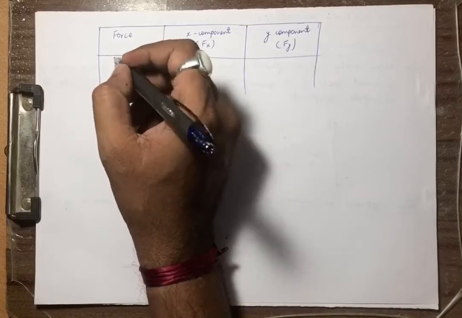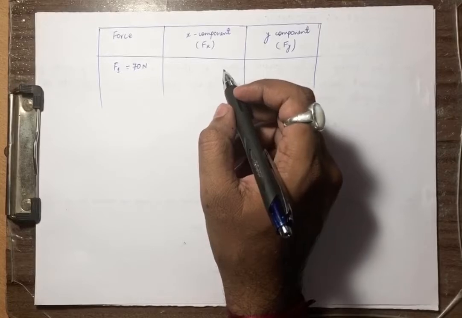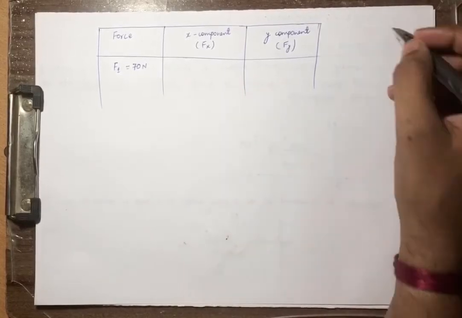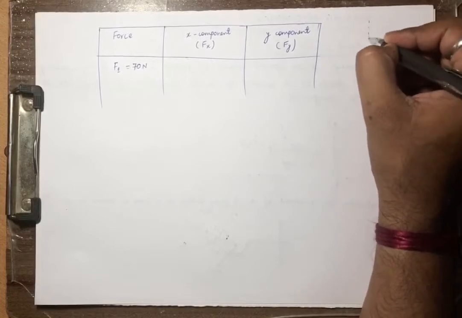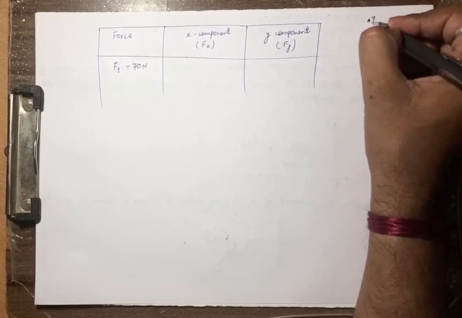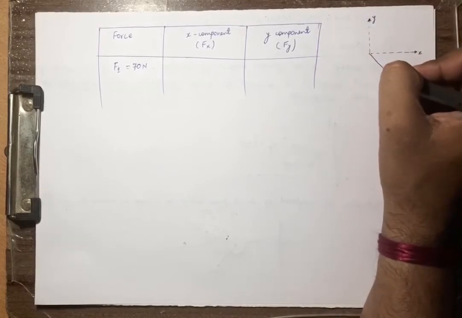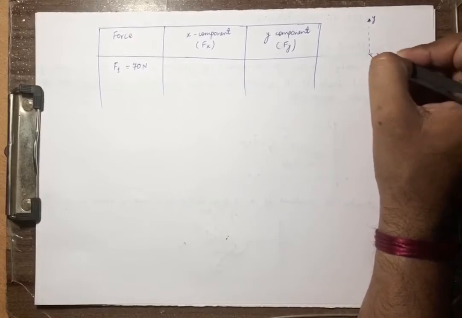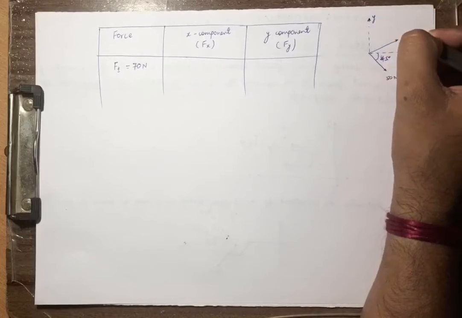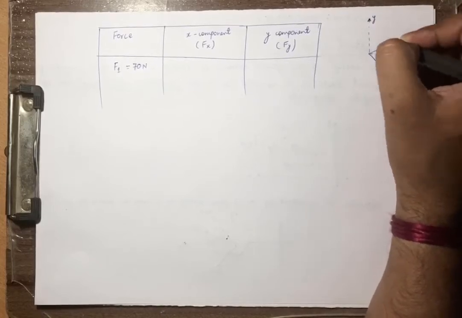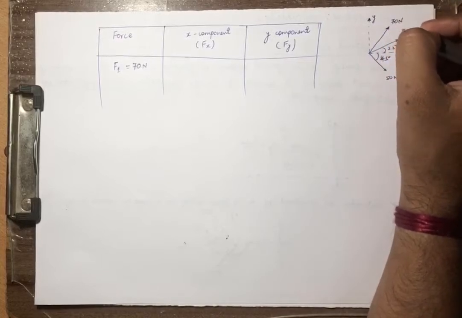So F1 is 70 Newton. Just for your reference I am drawing the forces. This was 50 Newton. This was 70 Newton.